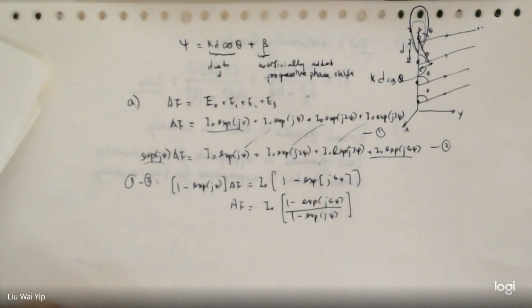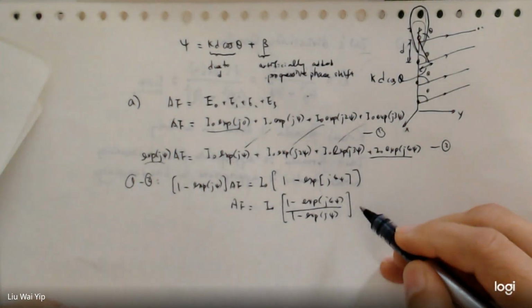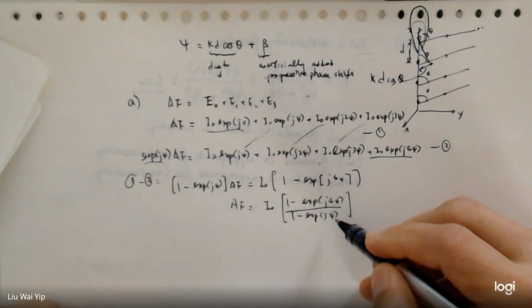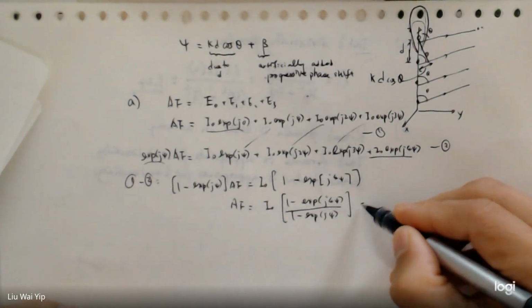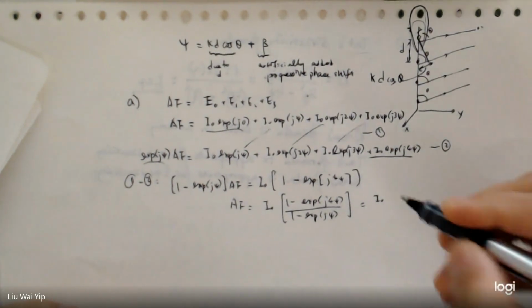Now the expression here can be further simplified. We can multiply the top and bottom by something.